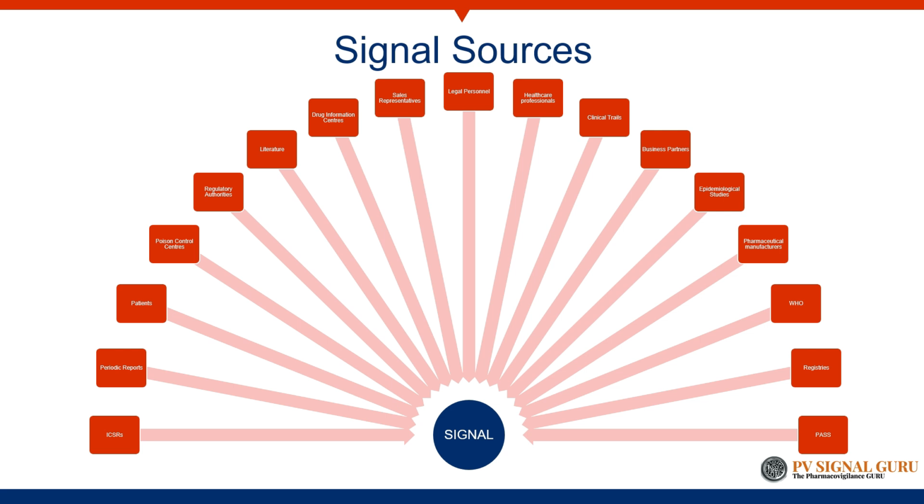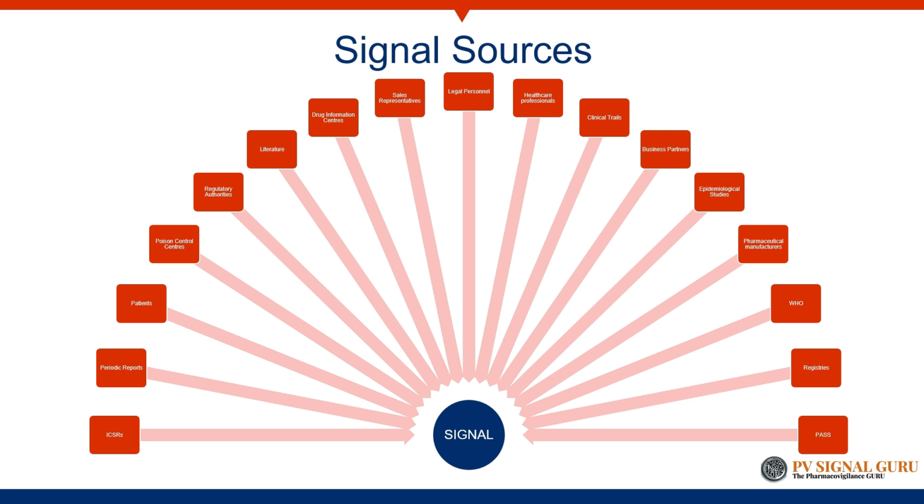Patients can directly report ADRs through patient support programs or through online portals or through a phone line. Media. News reports or social media discussions may highlight potential safety concerns as well. Poison units. Information from these units provide very important data on drug overdoses or misuse.